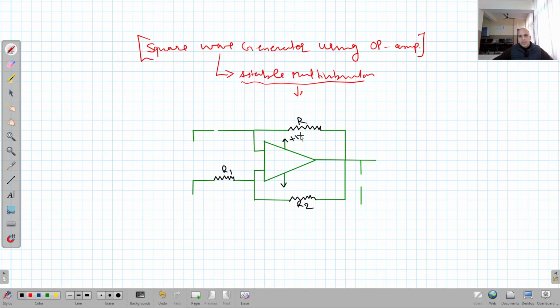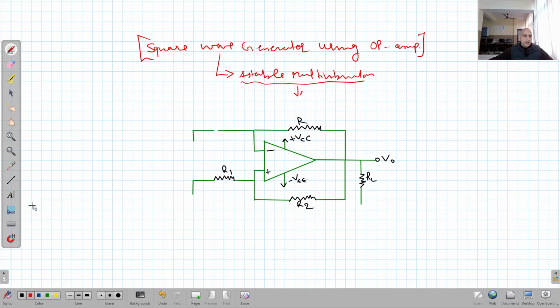This is plus VCC, minus VEE. This is plus, this is minus, this is the load resistor, this is the output.